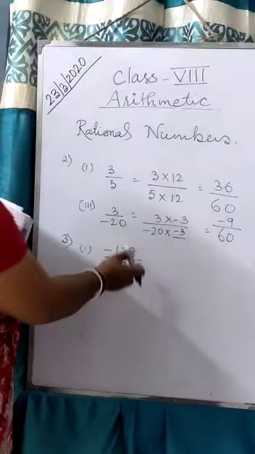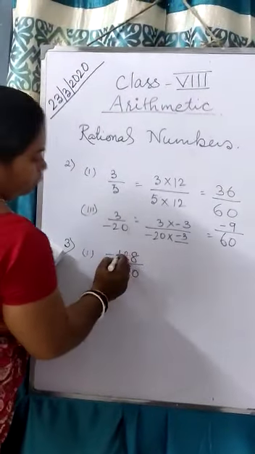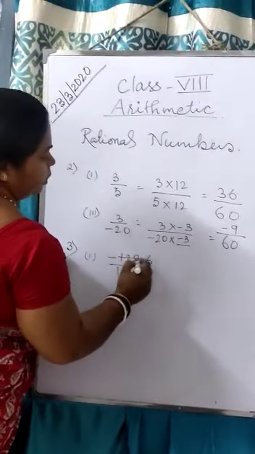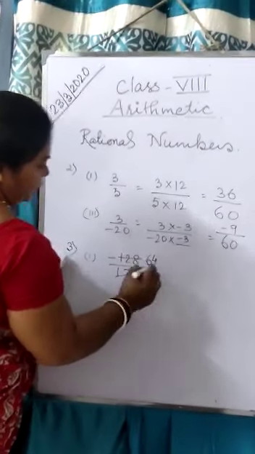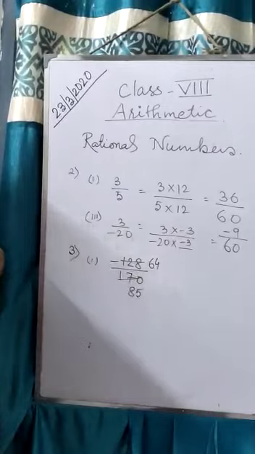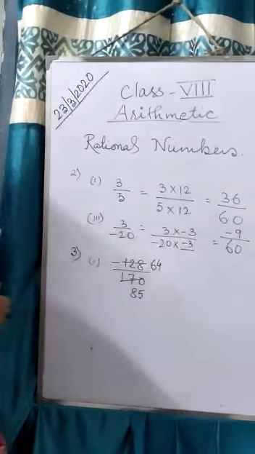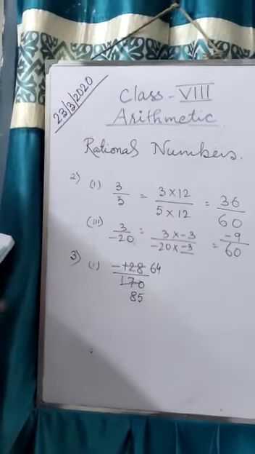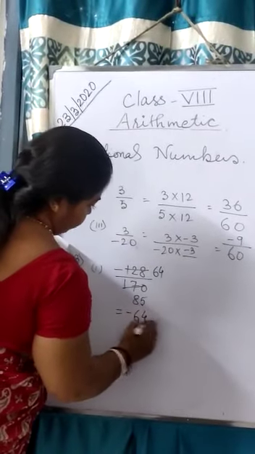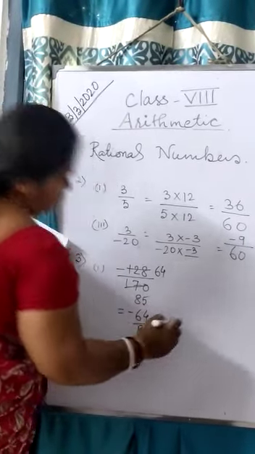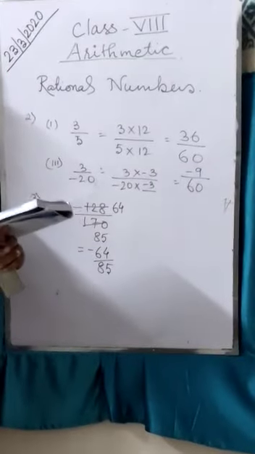As we can see, at the ones place 8 and 0, both the numbers are divisible by 2. 2 6s are 12, 2 4s are 8, 2 8s are 16, 2 5s are 10. Is it divisible by any other number? No. So what are we going to write? We are going to write minus 64 by 85. This is called standard form. In this way you will finish question number 3.